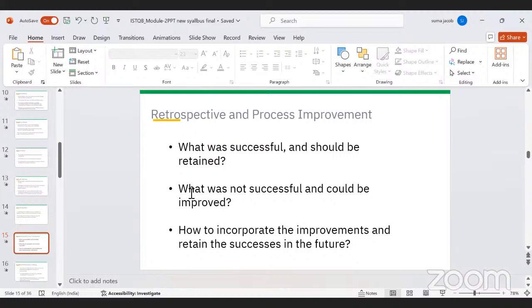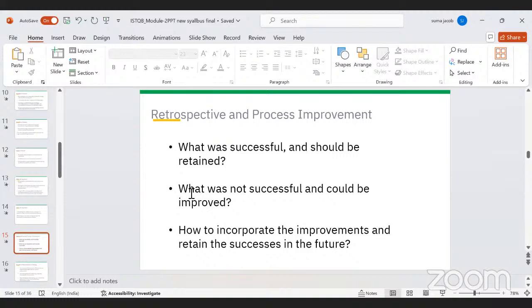All those things will be discussed after a piece of work is done. So retrospective meetings are carried out at the end of an iteration or a release, or at the end of a particular piece of work, to identify how the work has been done.